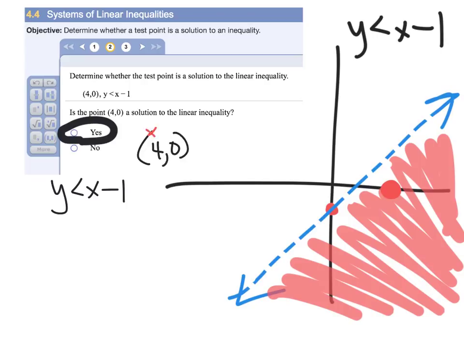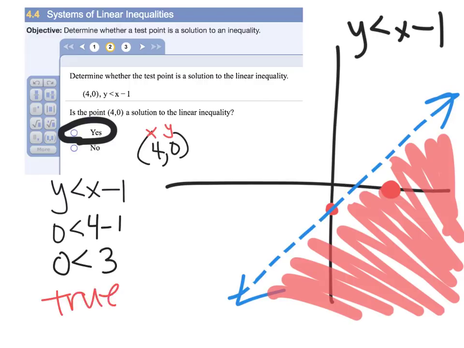So remember, that's your x, that's your y. Let's substitute in. We're going to replace y with 0, and it's less than, and then we're going to replace x with 4, so that becomes 4 minus 1, and 4 minus 1 is 3. So is 0 less than 3? That's a true statement.